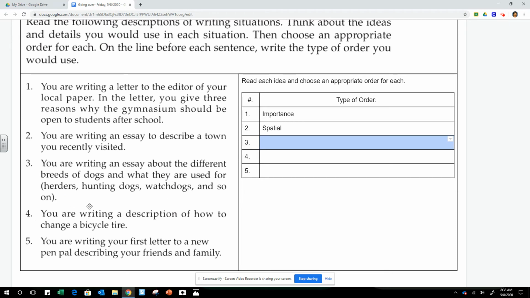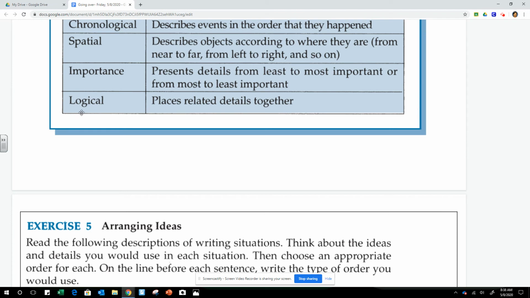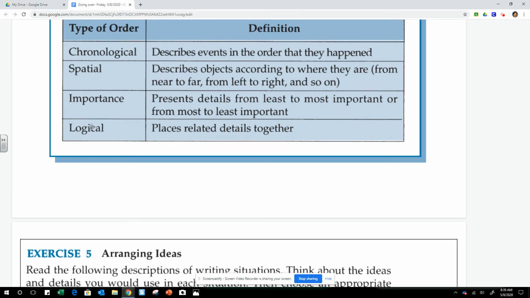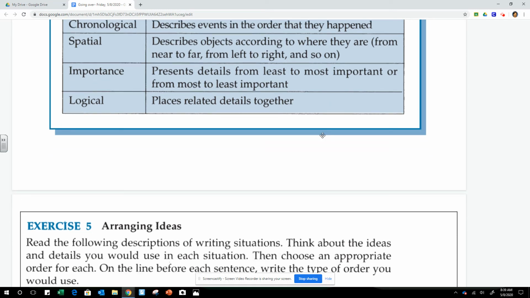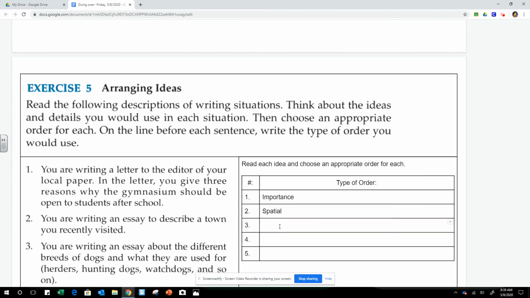So this must be where they're starting to think about categories, or how things should be placed together. So I'm going to say that I should be using the type of order of being logical about it, placing related details together, different types of dogs in one essay. Okay, so I'll say that this type of order should be logical.